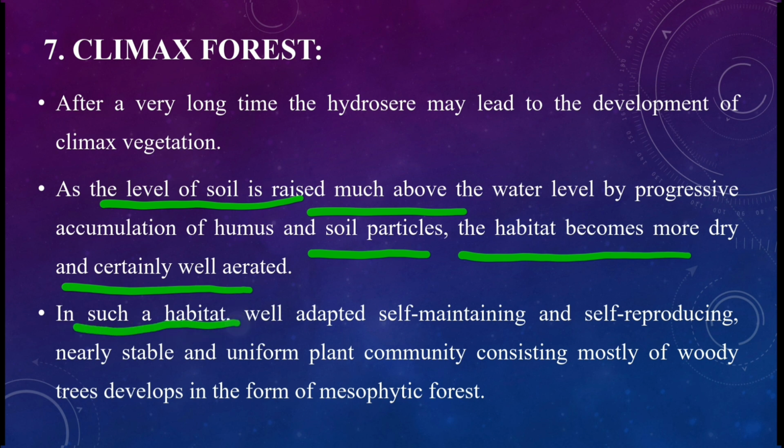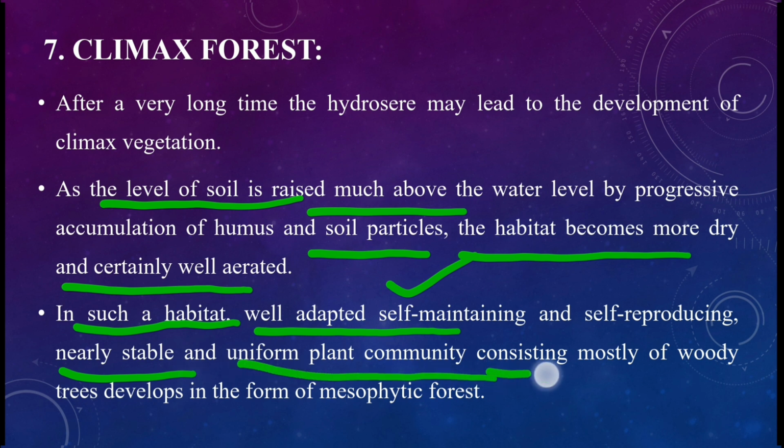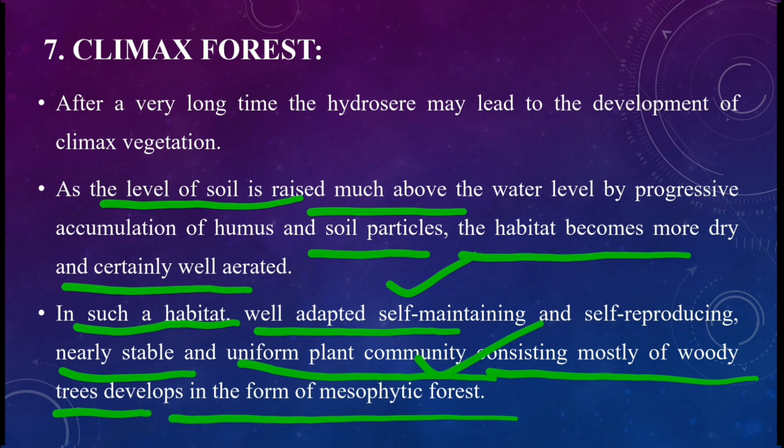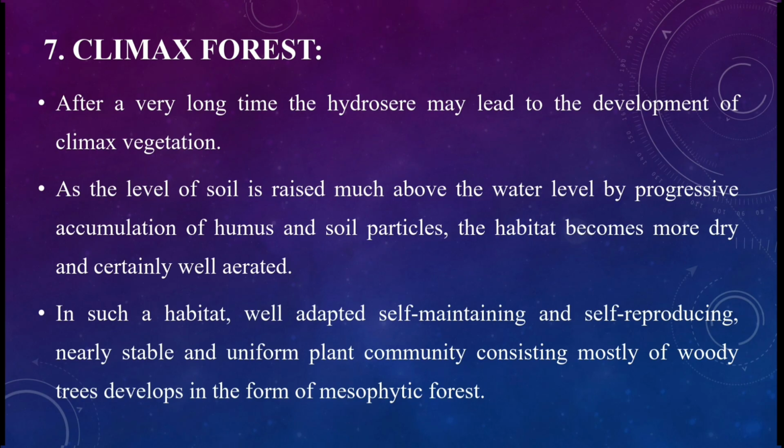In such a habitat, a well adapted, self-maintaining and self-reproducing, nearly stable and uniform plant community consisting mostly of woody trees develops in the form of mesophytic forest. So it is the stable community of hydrosere. Okay. So these are different stages of hydrosere.